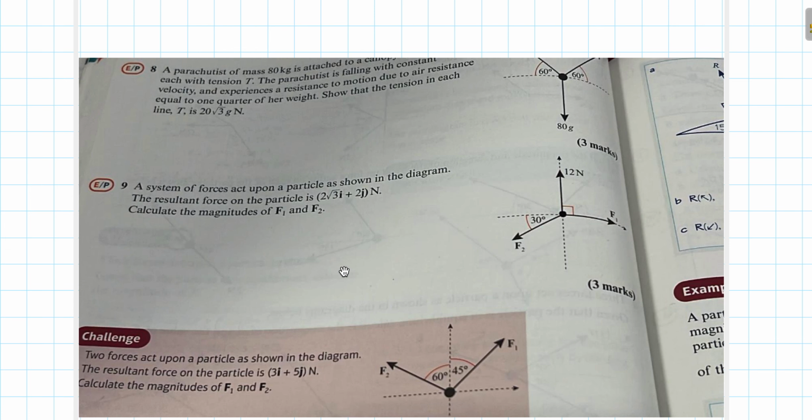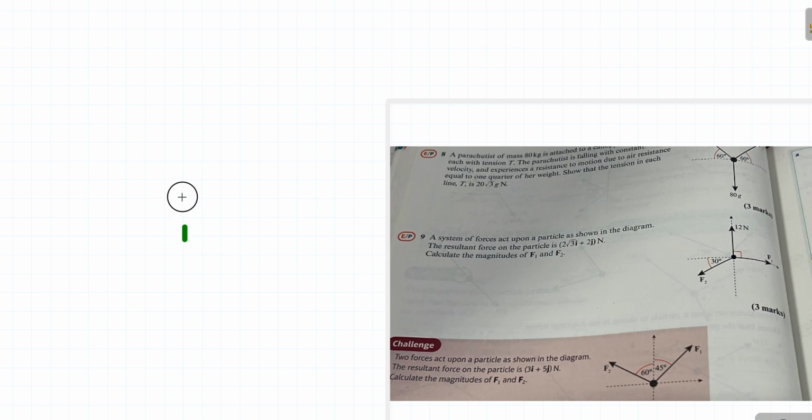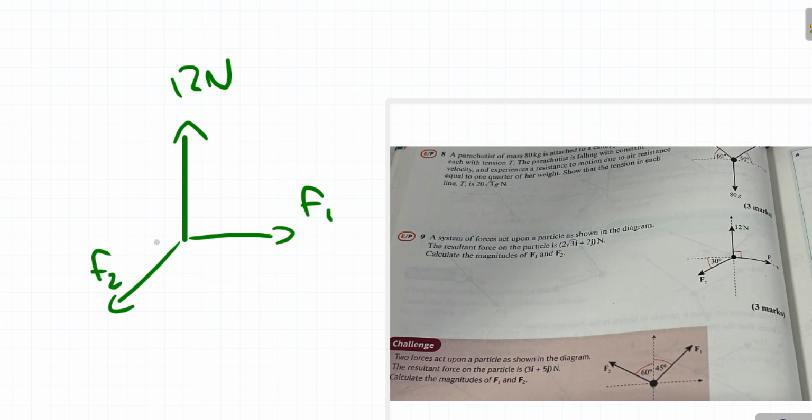The next question, question 9: a system of forces acts upon a particle as shown in the diagram. The resultant force on the particle is 2 root 3 i plus 2j. Calculate the magnitudes of forces F1 and F2. Here we draw an upwards arrow to represent the first one, which is 12 newtons. We've got F1 acting to the right and F2 going downwards at an angle of 30 degrees.